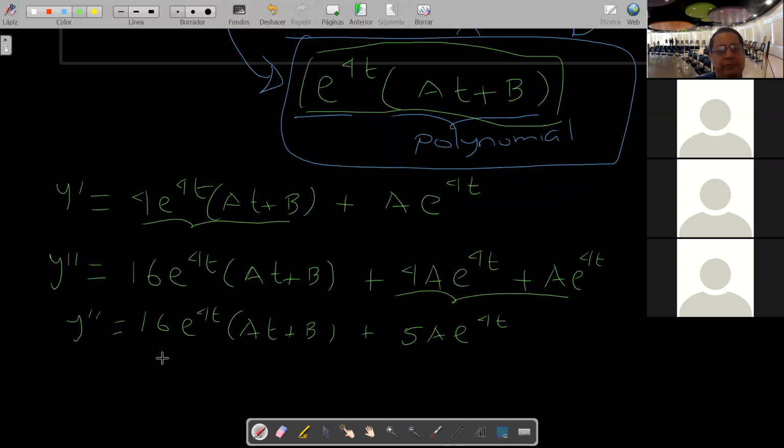In fact, we can factor out the e to the 4t.